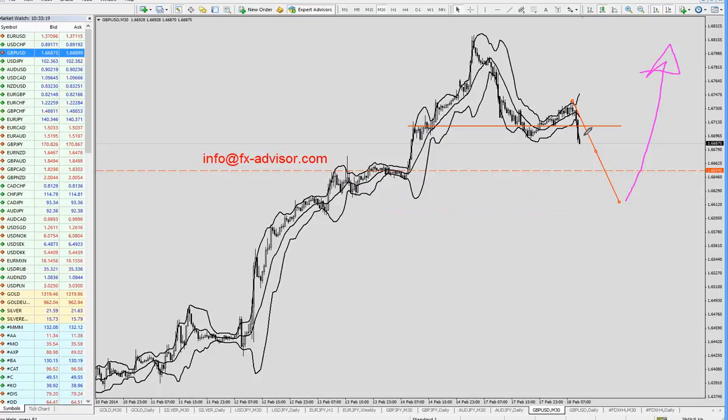So during the first test of this level, we are going to watch it from the buyer's perspective. If it's going to happen, then we would like to see some move back towards 168.